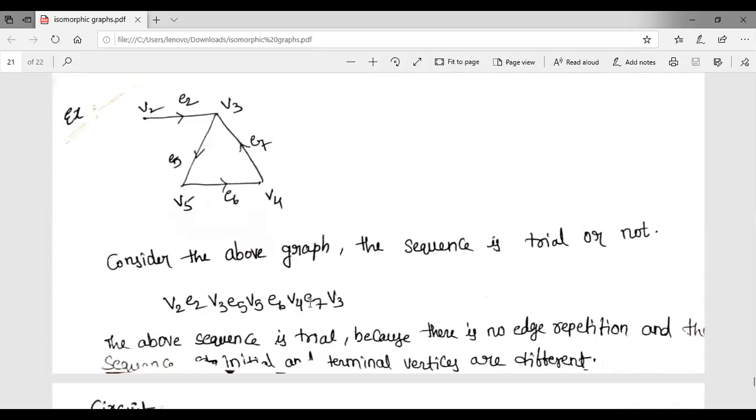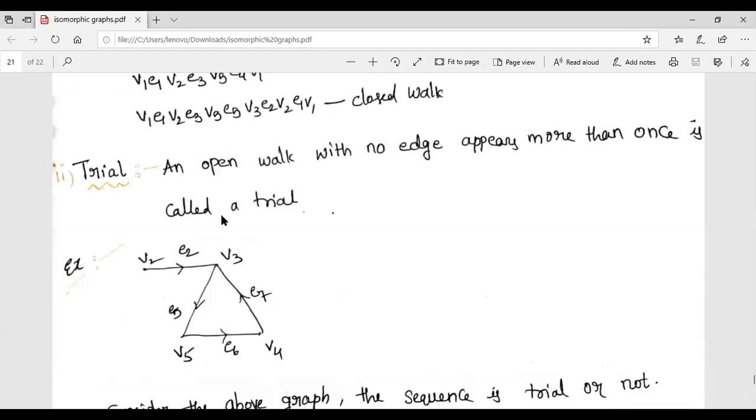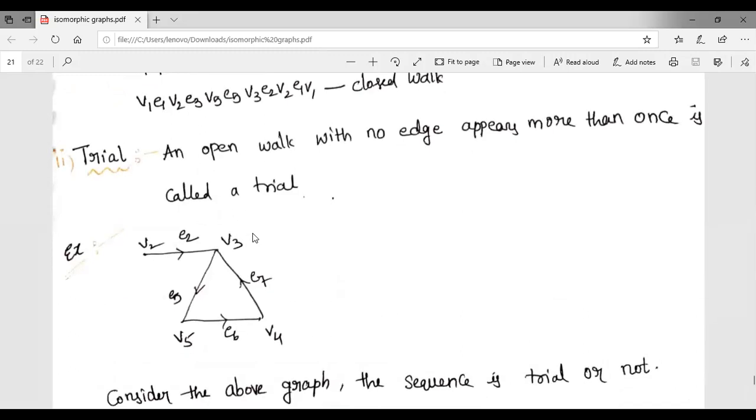So what is a trail? An open walk with no edge repetition is called a trail.